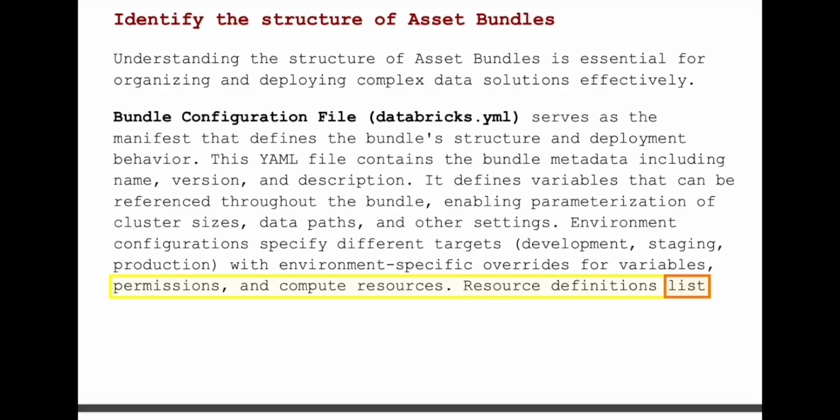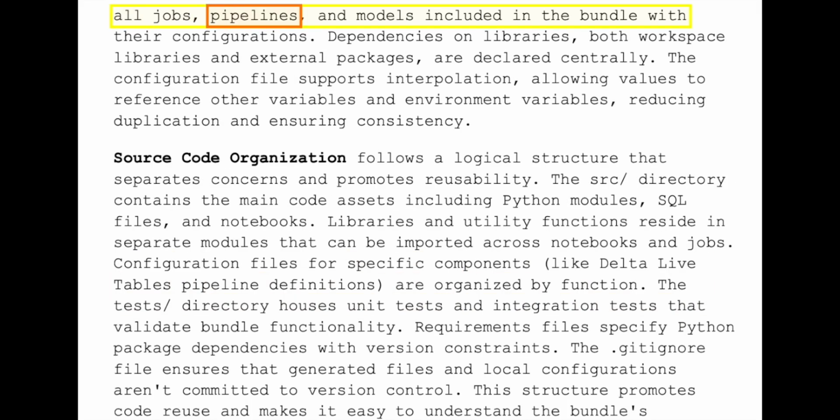Resource definitions list all jobs, pipelines, and models included in the bundle with their configurations. Dependencies on libraries, both workspace libraries and external packages, are declared centrally. The configuration file supports interpolation, allowing values to reference other variables and environment variables, reducing duplication and ensuring consistency.